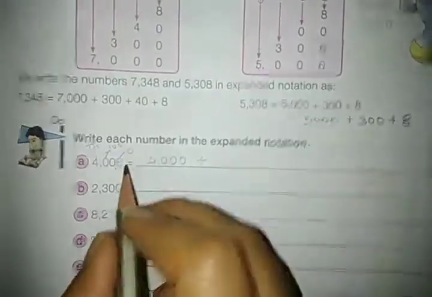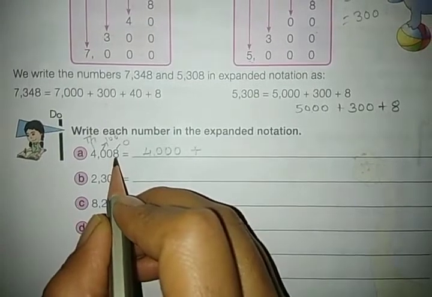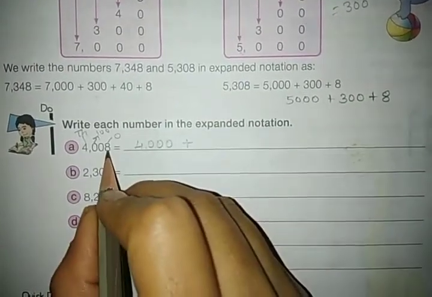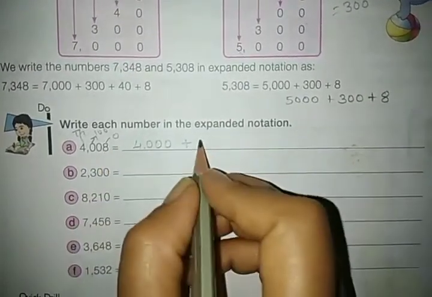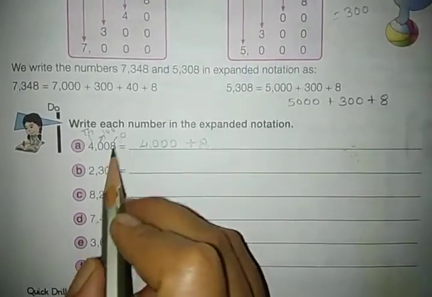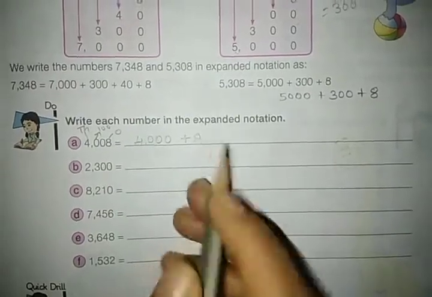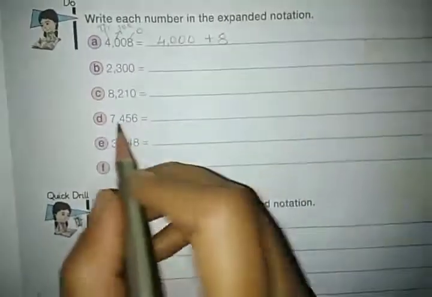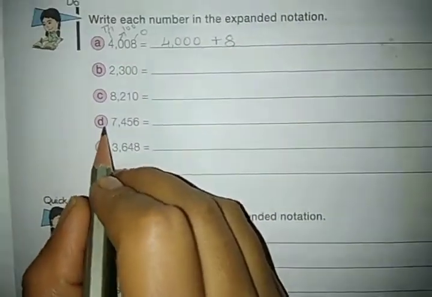So write directly the ones place number, that is 8. And 8 is in ones place, so its value will remain same, 8 only. Now see the next example. We'll see this D1.